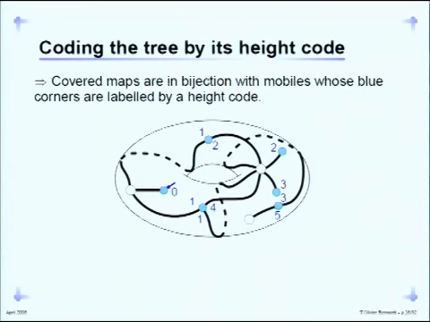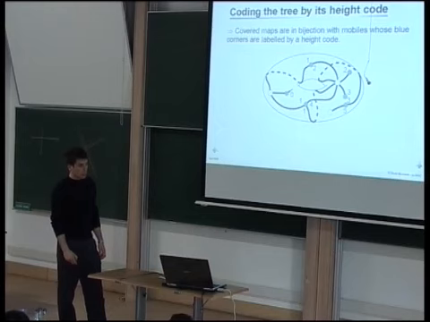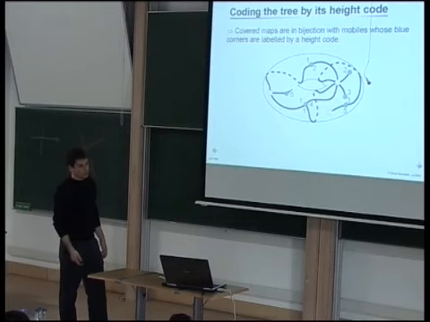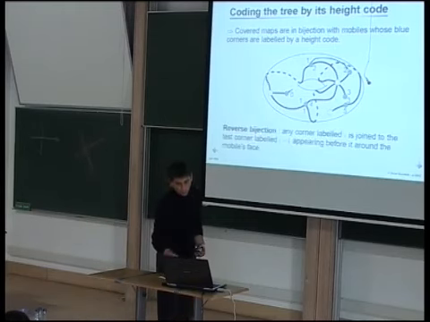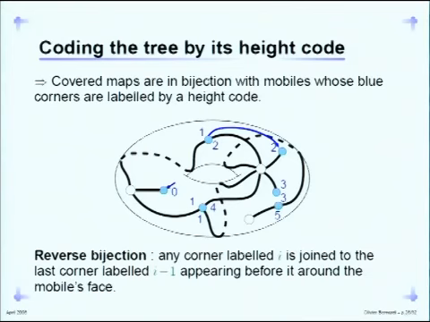And if I'm looking at such an object, I can recover the tree with a very simple rule: from each blue corner with label i, I will draw a line going to the last corner labeled i-1 appearing before it around the mobile. This was the rule that was used this morning in the talk of Jean-François.